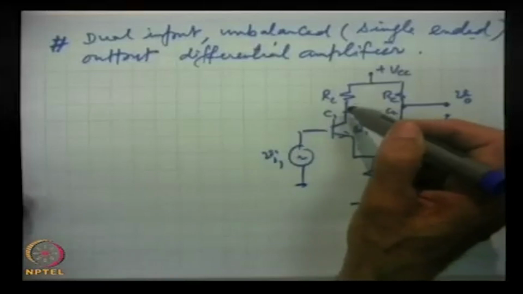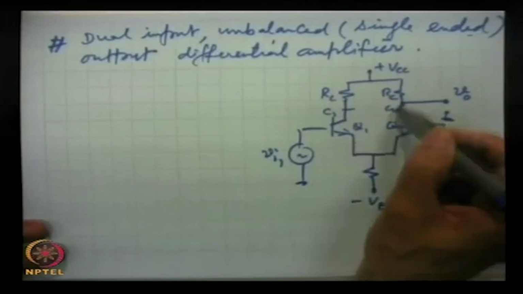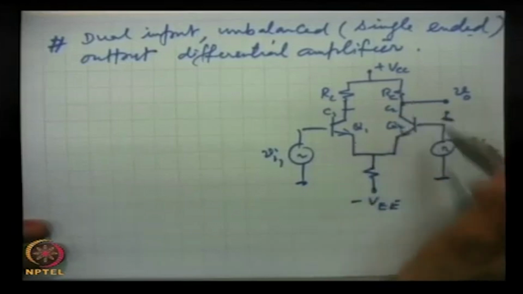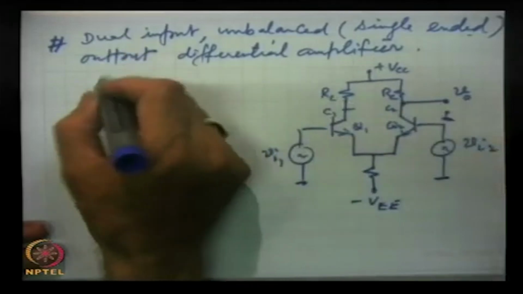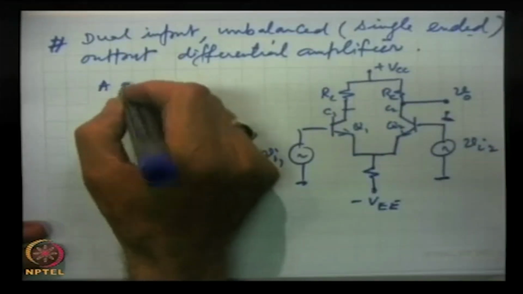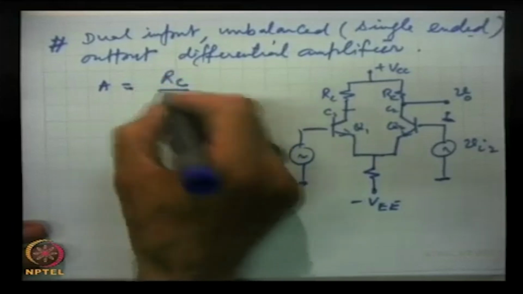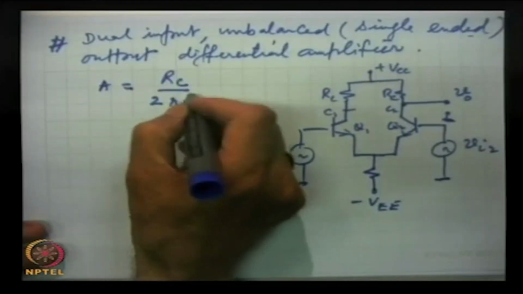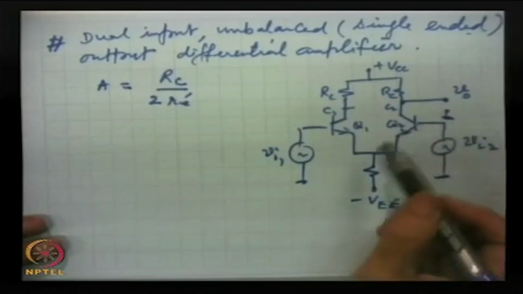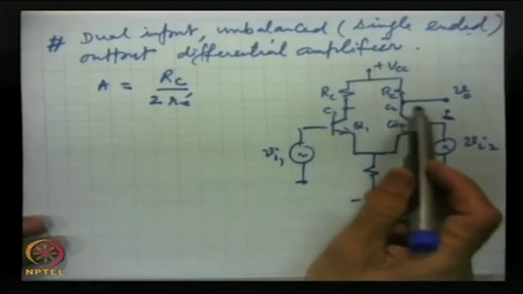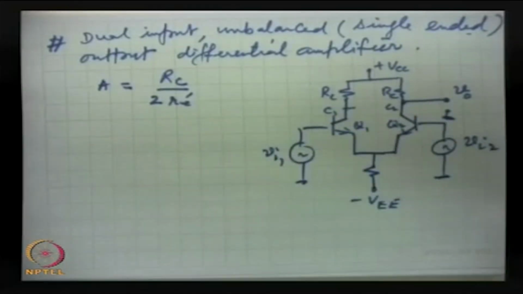Here this gain A will be equal to RC by 2 RE prime, because what we are now using is only half the capability of the differential amplifier.